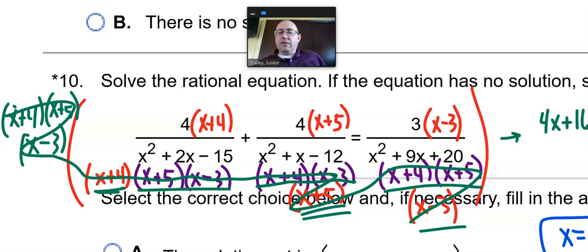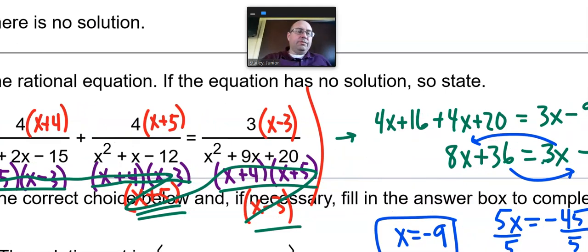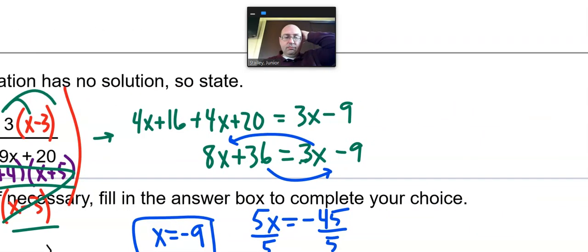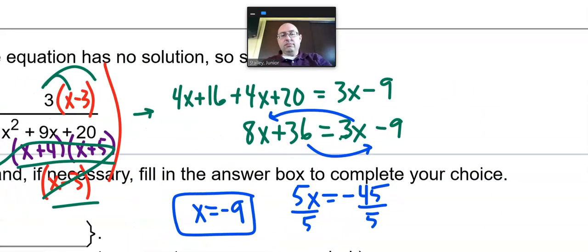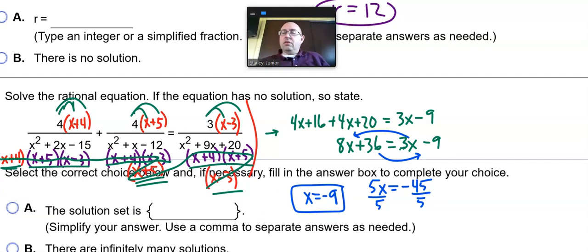Then you got to focus on your numerators, right? 4 times x plus 4. Distribute this stuff, distribute this stuff, distribute this stuff. And when you do that, you get all this stuff. And you can start to add the terms together, right?